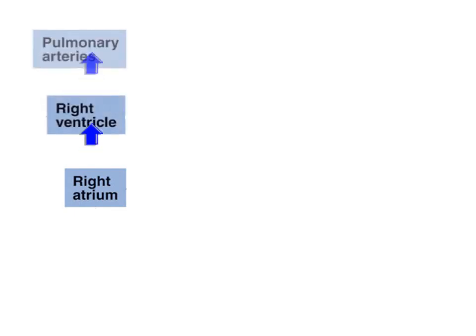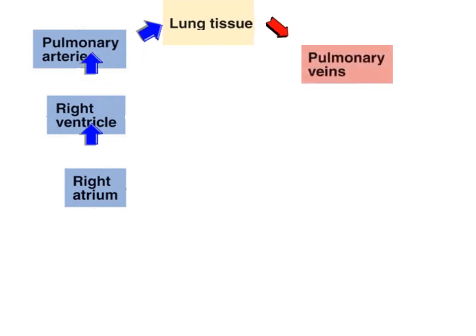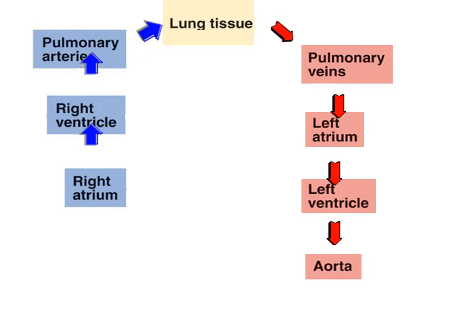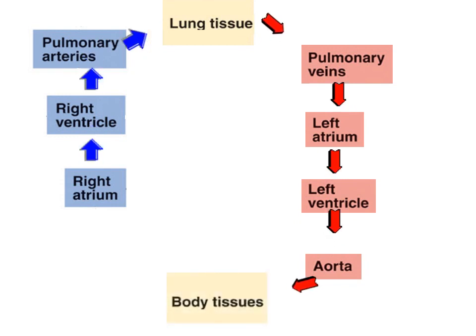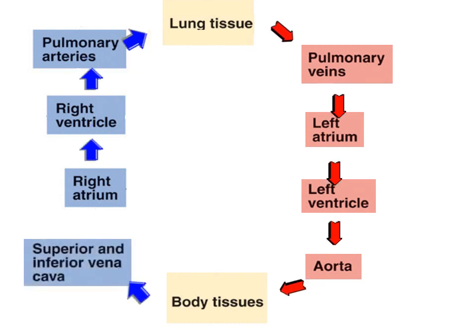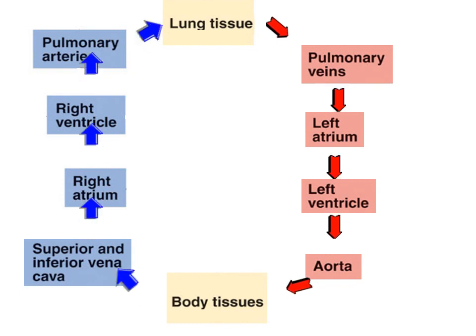From the right atrium, blood moves to the right ventricle. From the right ventricle to the pulmonary arteries and lung tissue, where it is oxygenated again. Then from the lung tissue to the pulmonary veins, then to the left atrium, and then to the left ventricle. From the left ventricle, blood is pumped to the aorta, which conducts blood to the body tissues, where it supplies these tissues with oxygen and becomes deoxygenated, and returns by the superior and inferior vena cava to the right atrium.